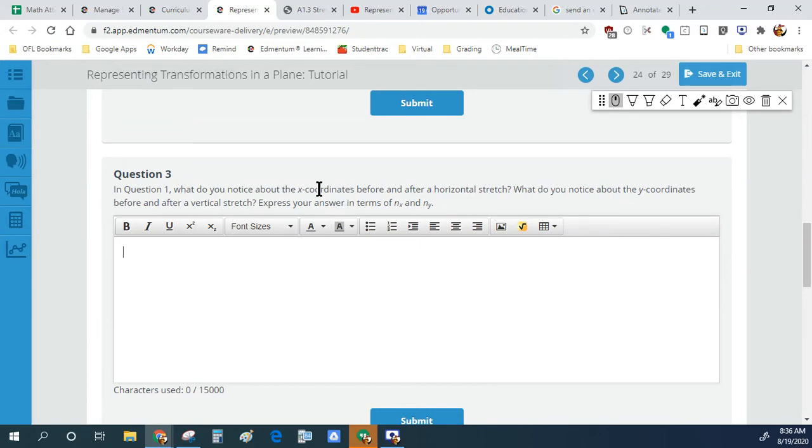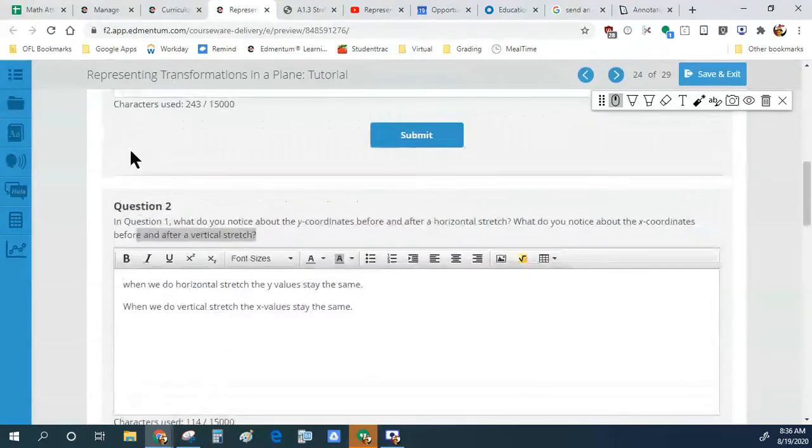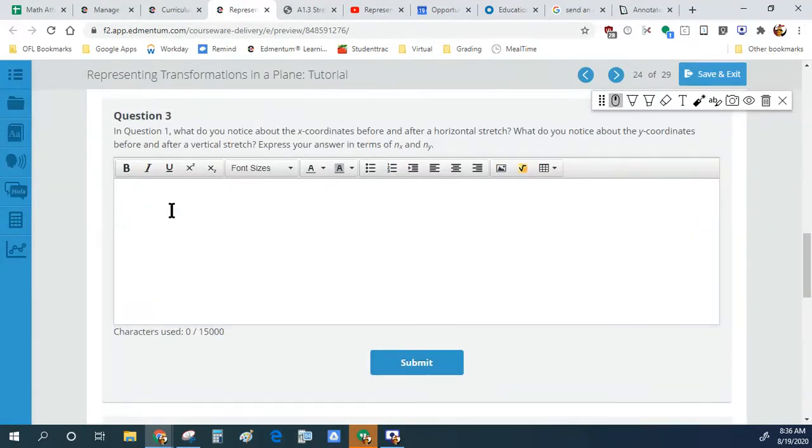In question 1, what do you notice about the x values on the horizontal stretch? This is a question I was actually answering when I first started typing out for question 2. But what we're going to say here is the x values. I know they use the word x coordinate, but I'm just talking about the number.